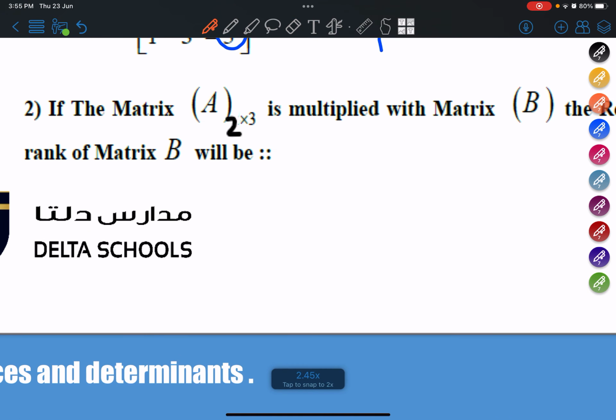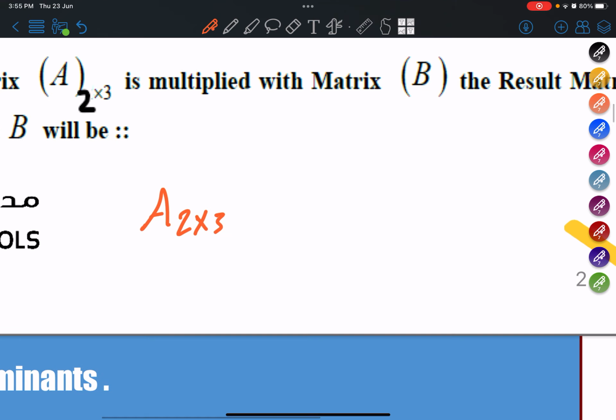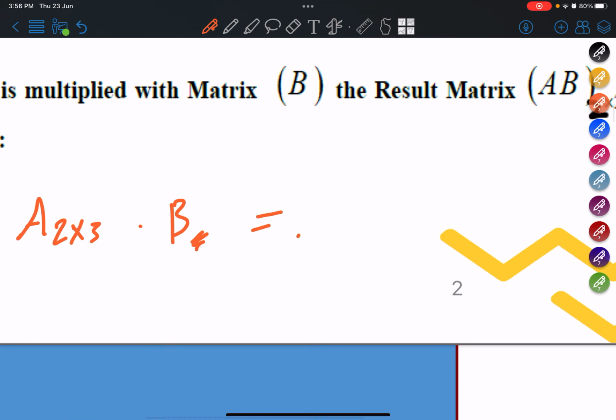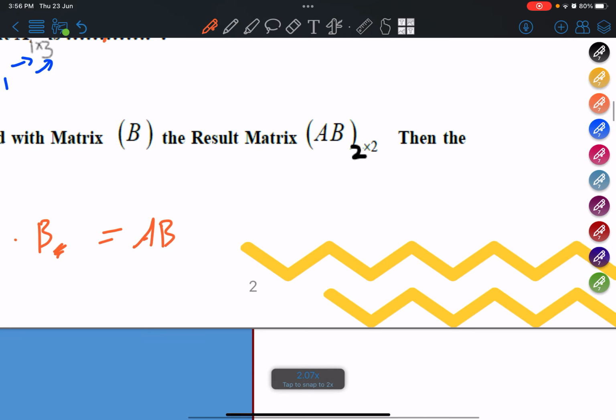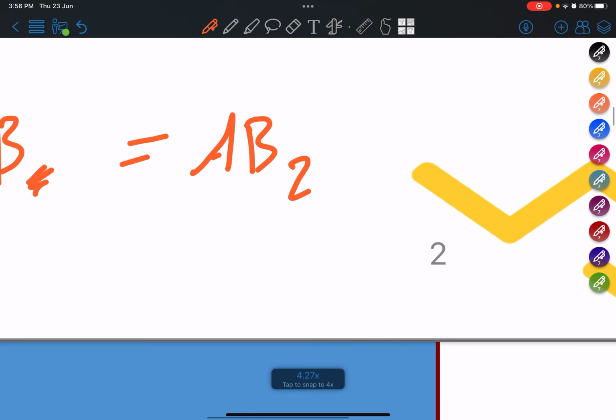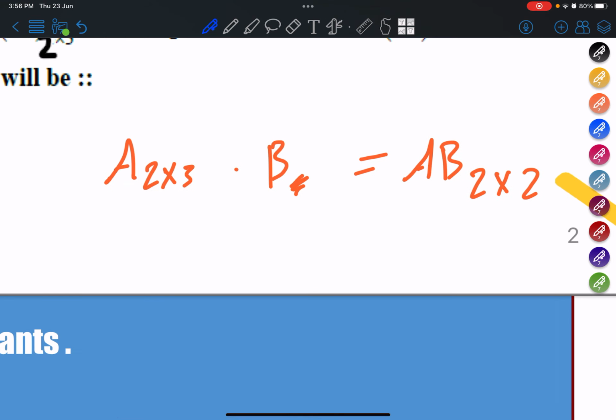So in this question, they give us the order of the first matrix, which is 2 cross 3, multiplied by B without an order, which equals a product with the order 2 cross 2. Essentially they are asking what is the order of B, assuming that we have the order of A and the order of their product.